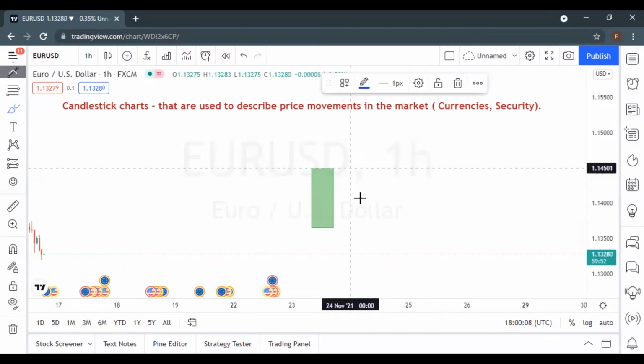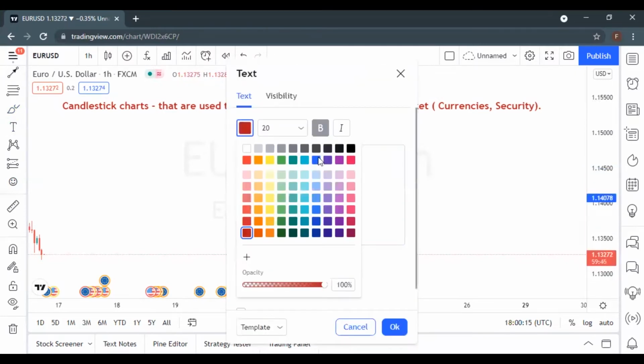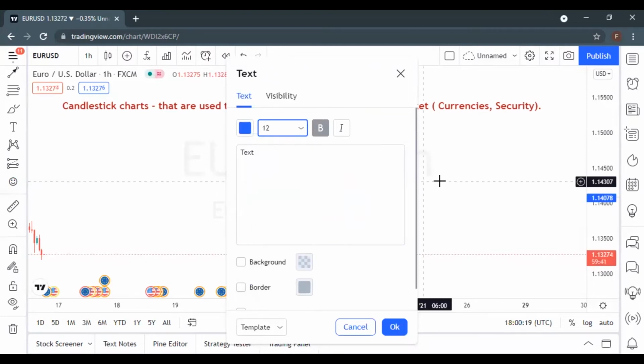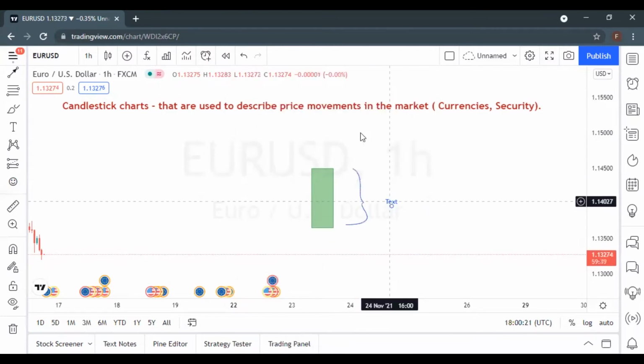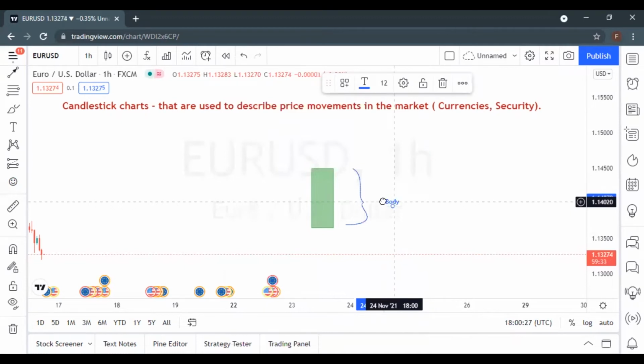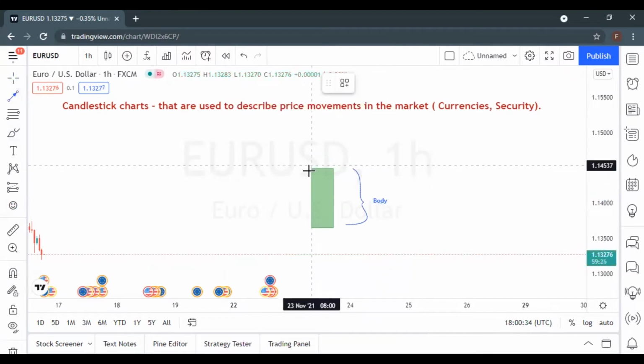This is the body. Let's change this to blue. Let's reduce this to 12 maybe. Yeah. This is the body of the market. Then we have the other thing that is here.